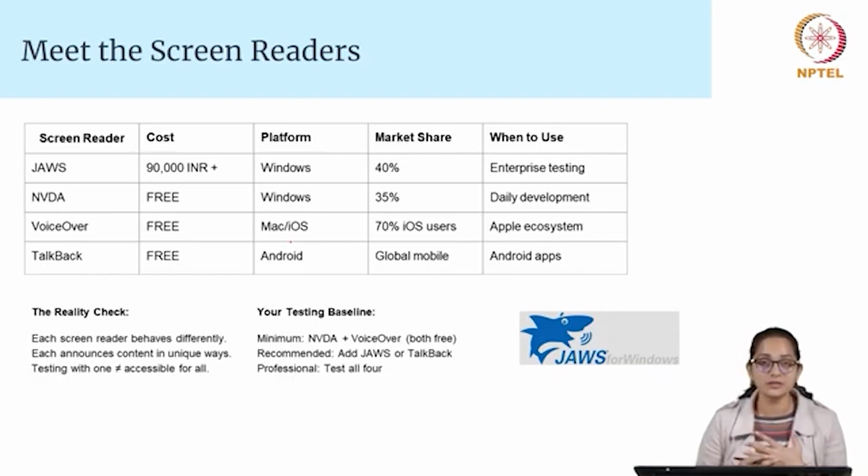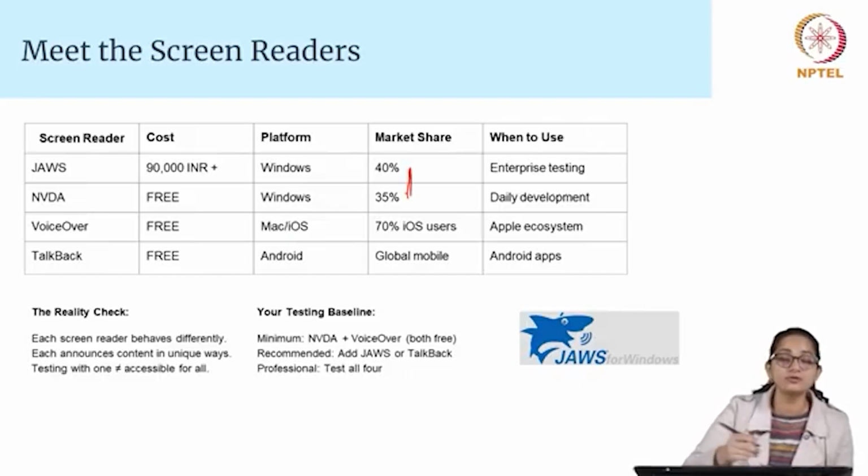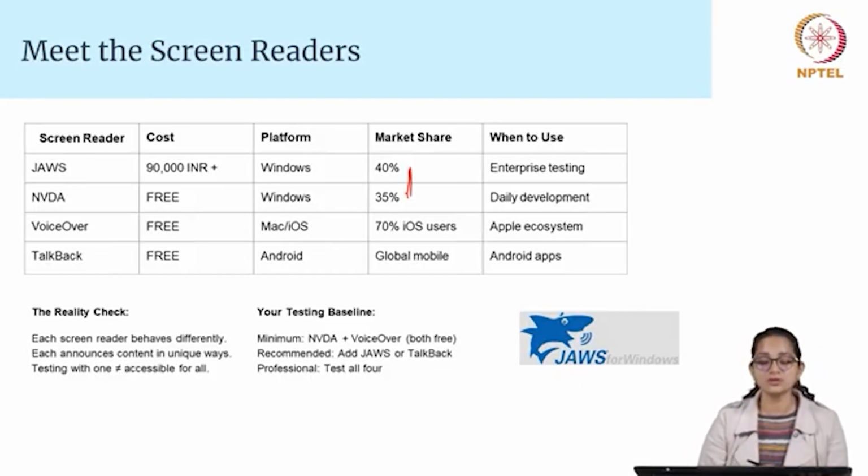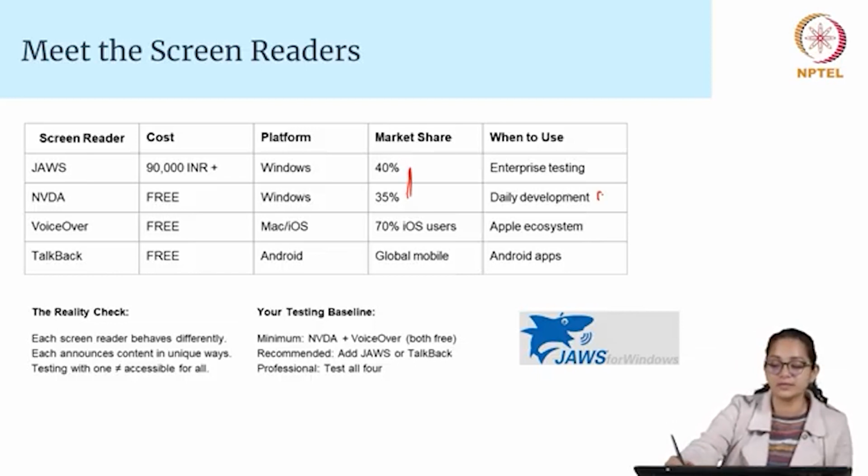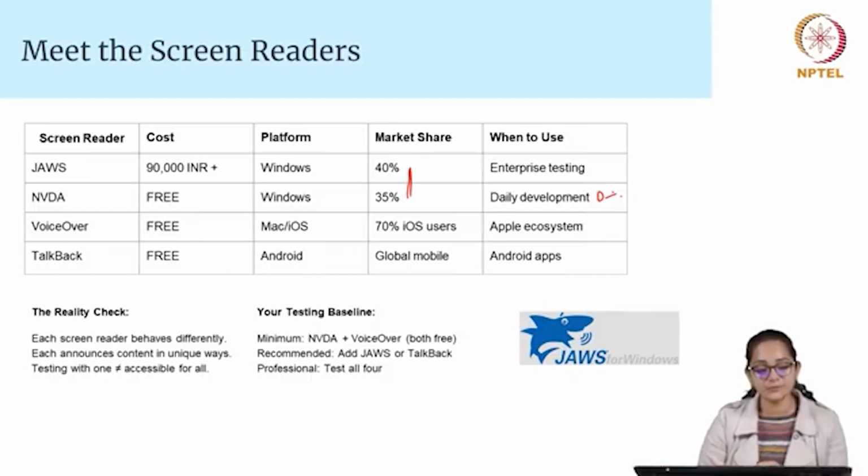The other popularly used screen reader is NVDA, which is free. Again, it can be used on your Windows PC, it is a very good competitor to JAWS, and it is very useful for daily development and real-time evaluation.